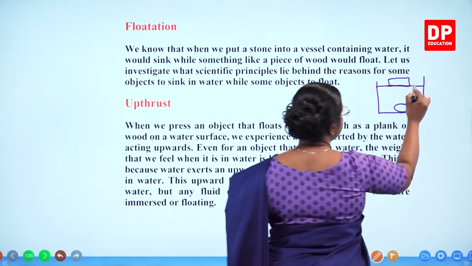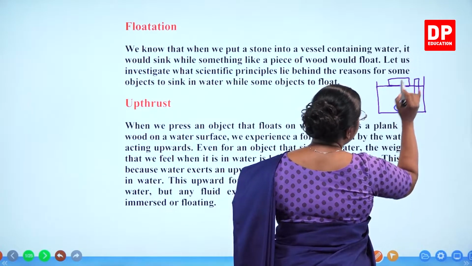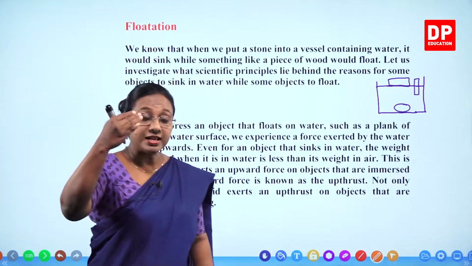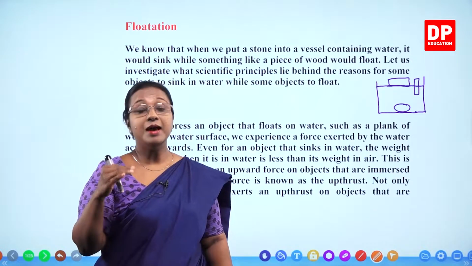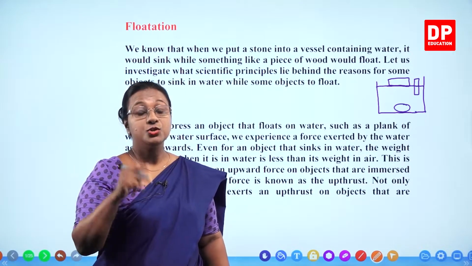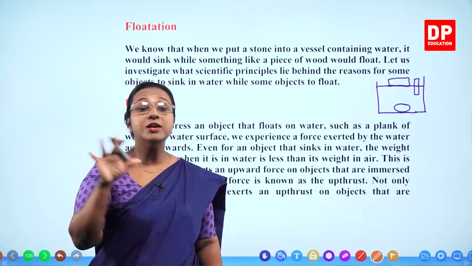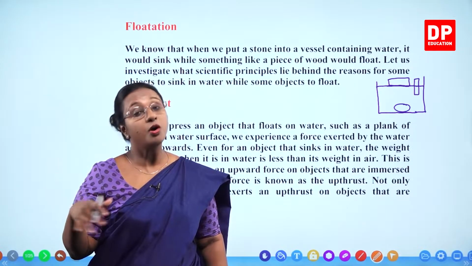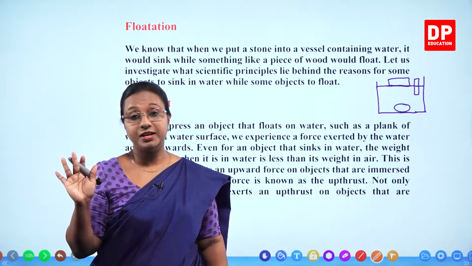Sometimes you see objects that are partially immersed in water. They are submerged partially, but they are still floating. So you see objects floating or sinking in water or other fluids in different ways.